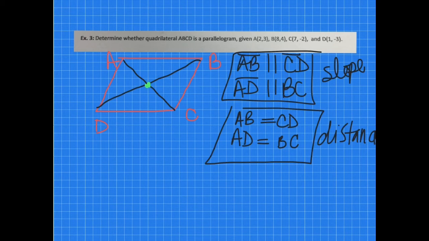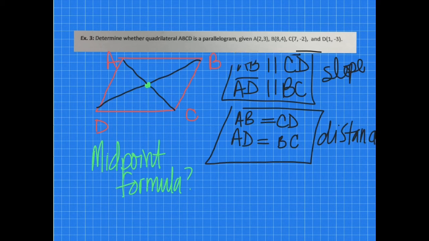So I could also use the midpoint formula, which actually is my most favorite just because I think it's the easiest. So I am going to prove that the diagonals bisect each other, because if the diagonals of a quadrilateral bisect each other, then the quadrilateral is a parallelogram. That's theorem 6-11.